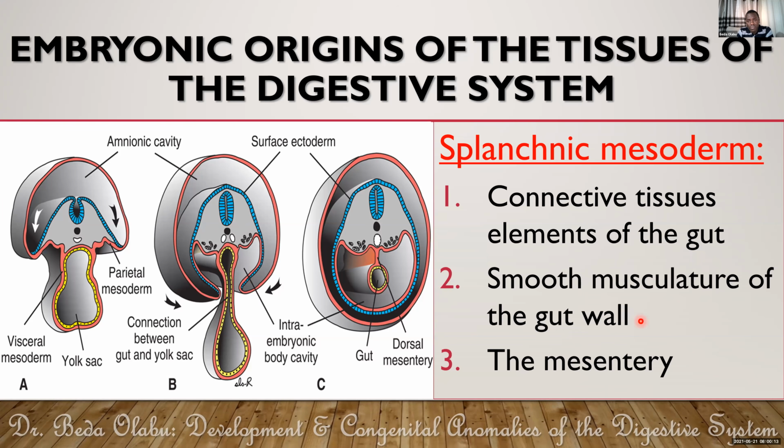The mesentery comes from splanchnic mesoderm as well. Remember, the mesentery is the double layer of the visceral peritoneum. So the mesentery also comes from splanchnic mesoderm, and we can appreciate that here. This is what will become the mesentery. This is of splanchnic mesoderm origin.